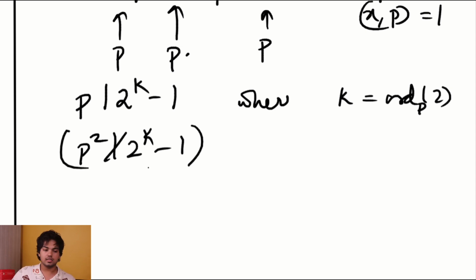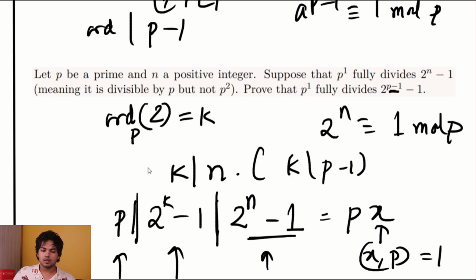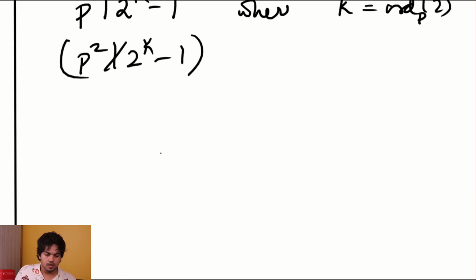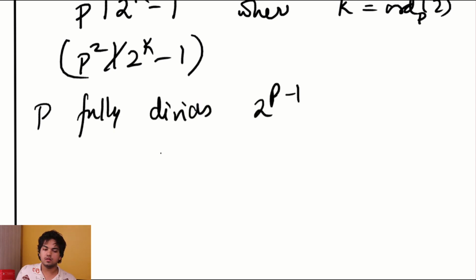Why is this good? It's good because we want to show that p fully divides 2 to the p minus 1 minus 1. Say this wasn't the case.